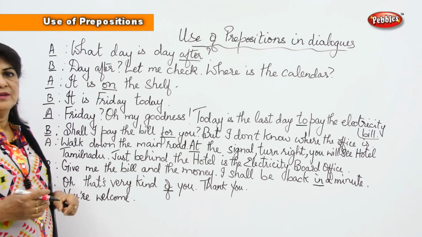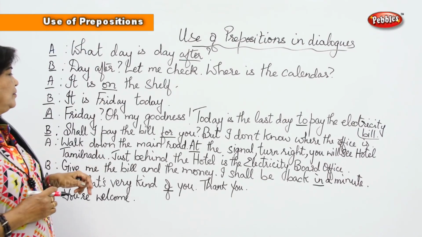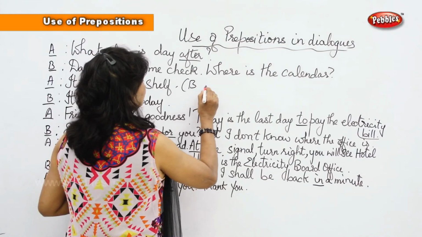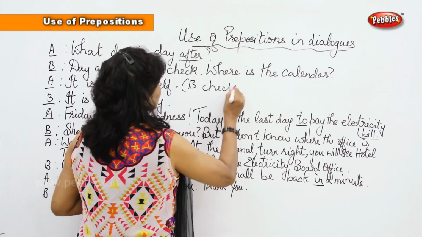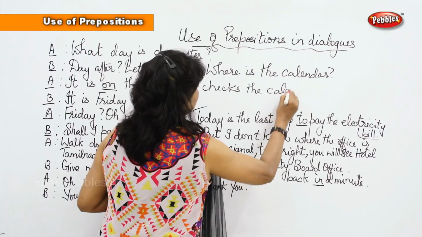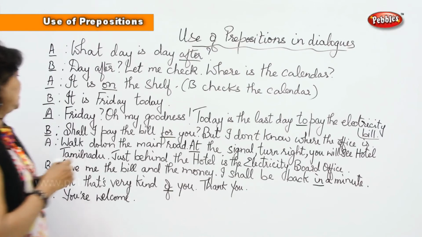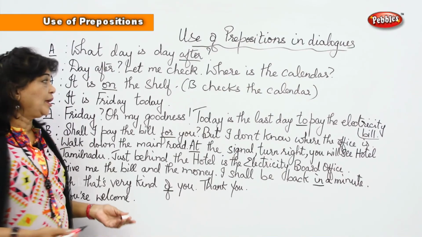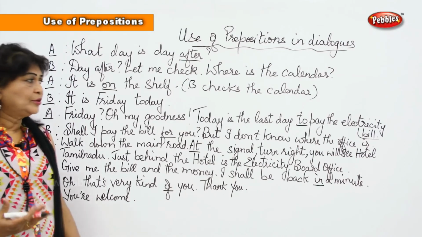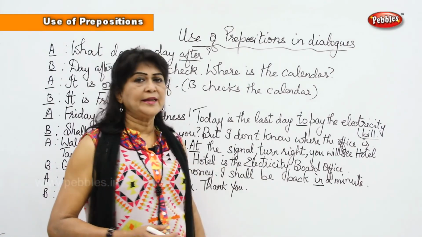See, on means above. B checks the calendar and says, it is Friday today. A says, Friday? Oh my goodness, today is the last day to pay the electricity bill.